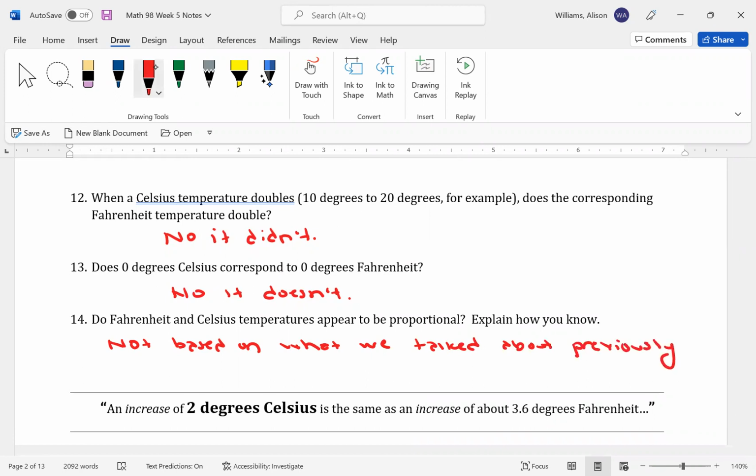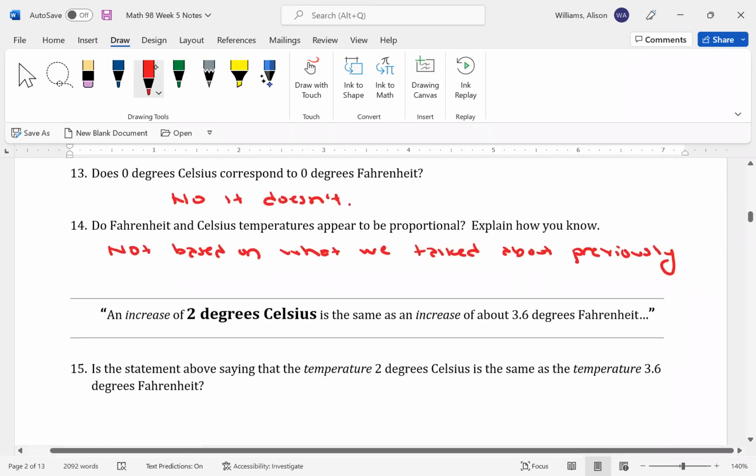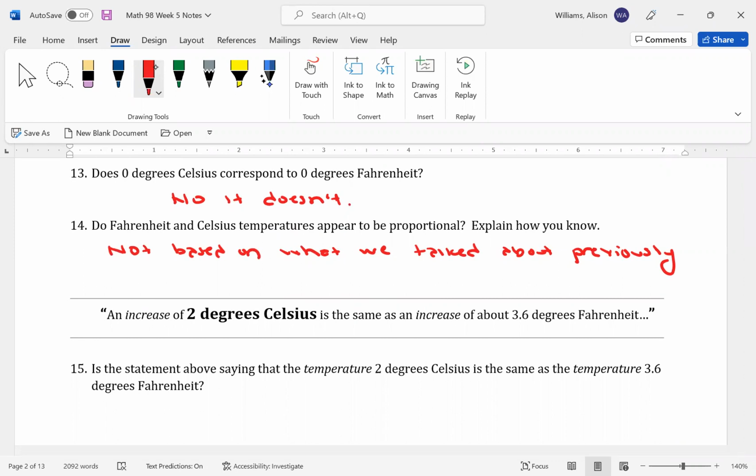An increase of 2 degrees Celsius is the same as an increase of 3.6 degrees Fahrenheit. So is the above statement saying temperature 2 degrees Celsius is the same as temperature 3.6 degrees Fahrenheit? And the answer is no, because it's using the word increase. An increase implies an addition.